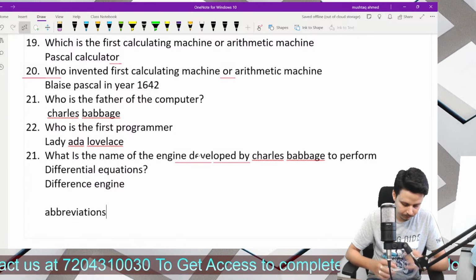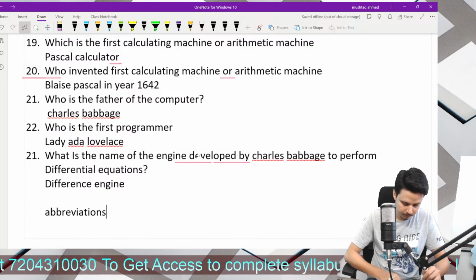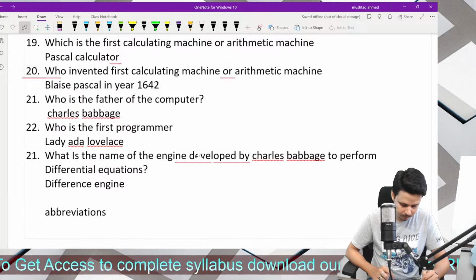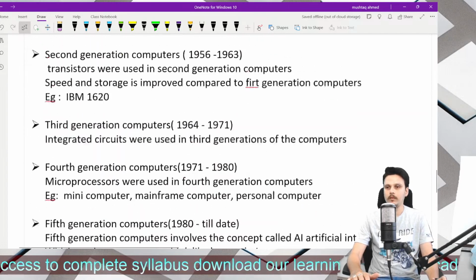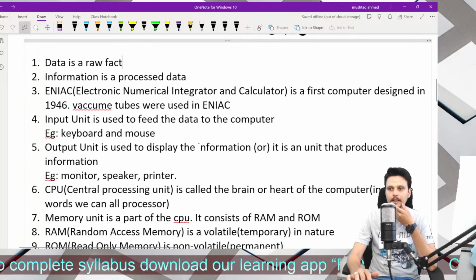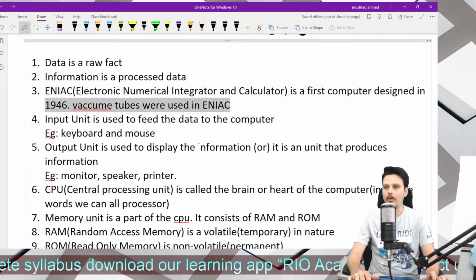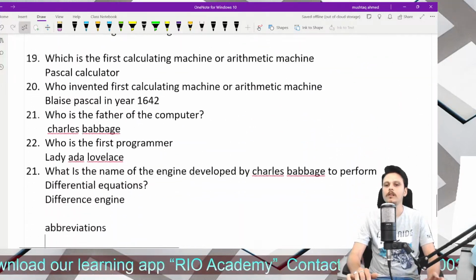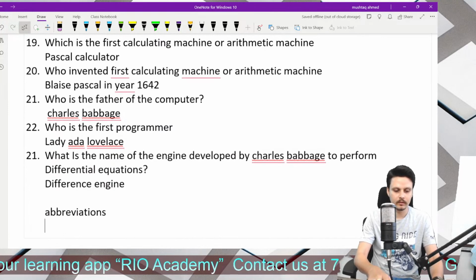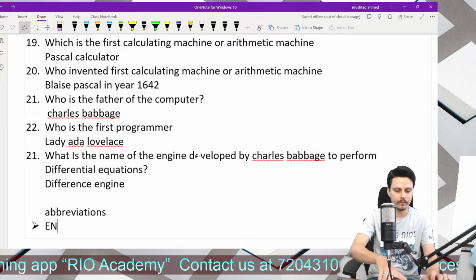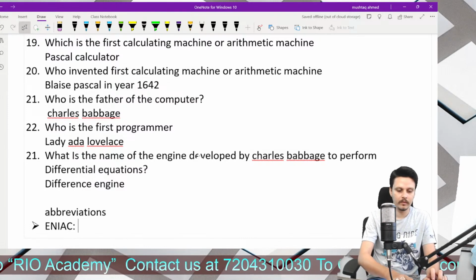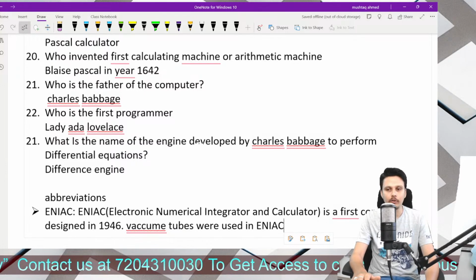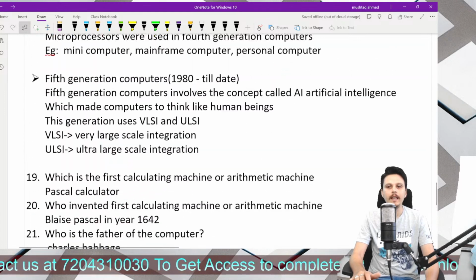ENIAC is the Electronic Numerical Integrator and Calculator, the first computer designed in 1946. Vacuum tubes were used in ENIAC.